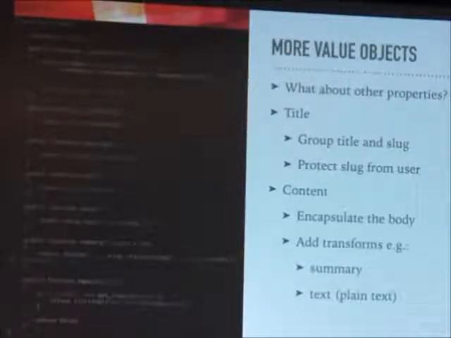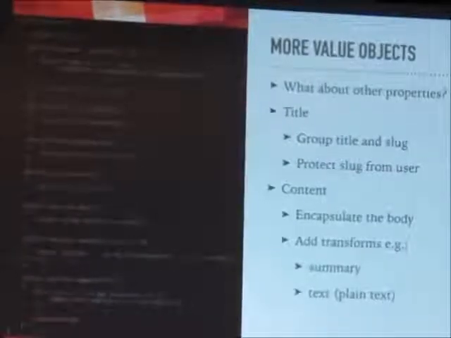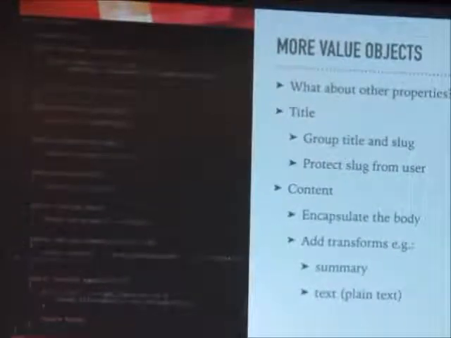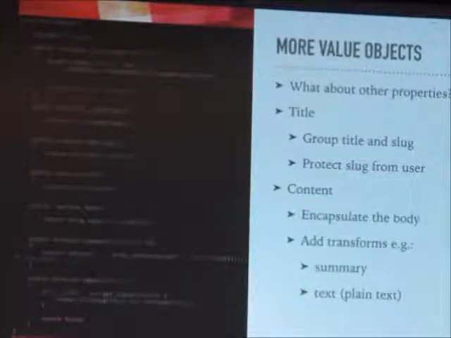So we can go back to our post and look at other things that we can strip out and possibly replace. And the content is another example. We can pull the content into a specific value object. We can add additional helper methods to it at this point because we're not changing it, we're just producing a different representation.